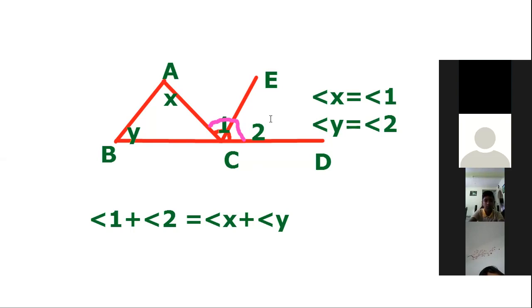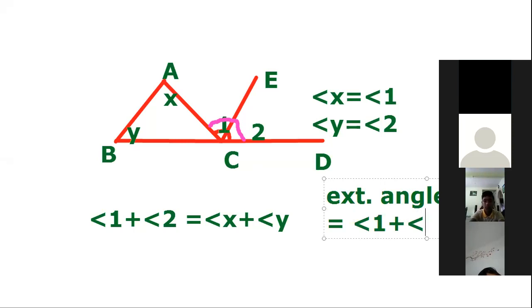Here the exterior angle is the sum of angle 1 and angle 2. The exterior angle is equal to angle 1 plus angle 2, which is the exterior angle at C. And this exterior angle can be equated: angle 1 plus angle 2 is equal to angle X plus angle Y, since angle X is equal to angle 1 and angle Y is equal to angle 2.